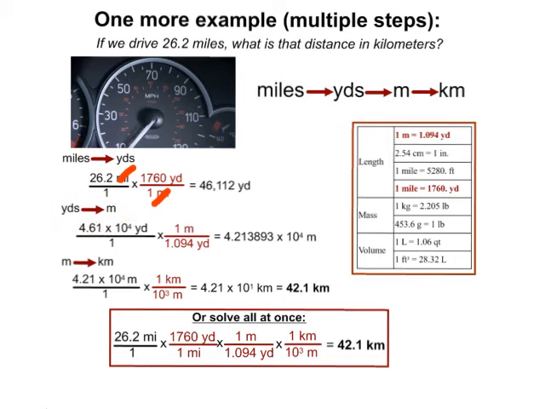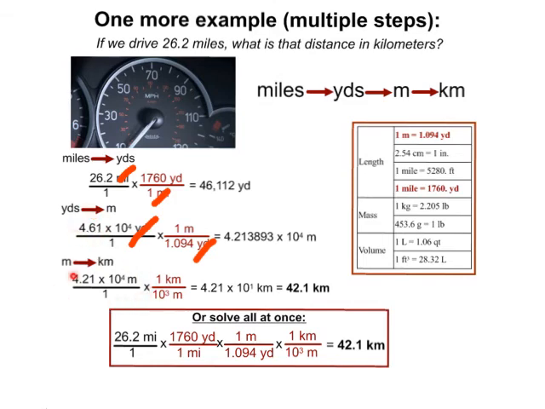Now I'm going to go to my second step, yards to meters, and I'm going to multiply by this conversion factor. The yards to meters conversion factor, and my yards cancel out. So I'm left with this large number now. If I look at significant figures, how many can I have? Well, I have 3 right there, so I can only have 3 significant figures.